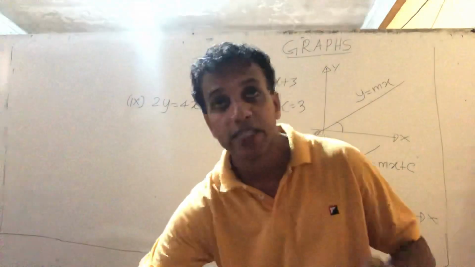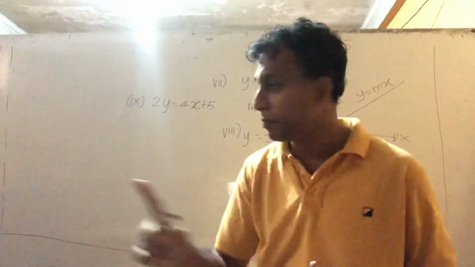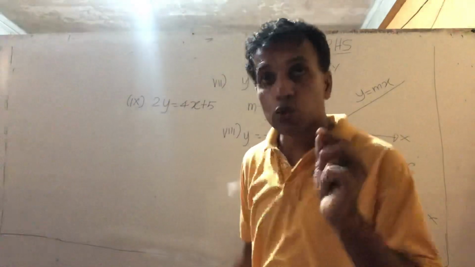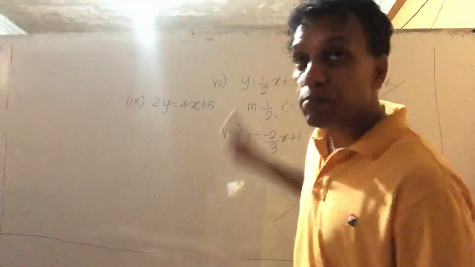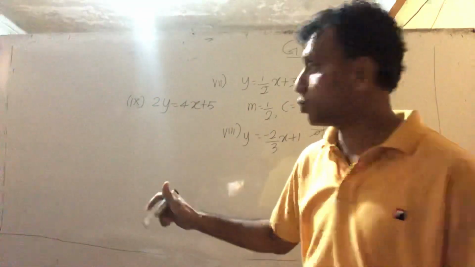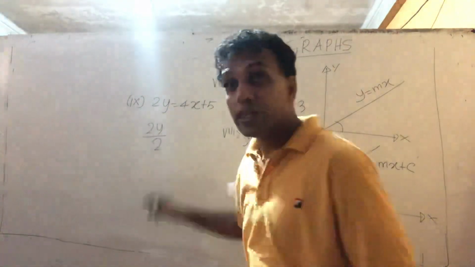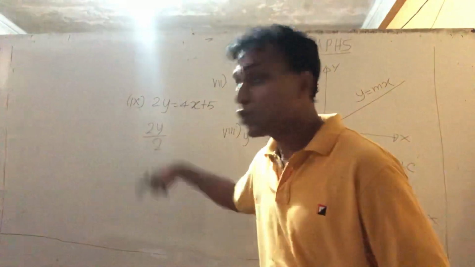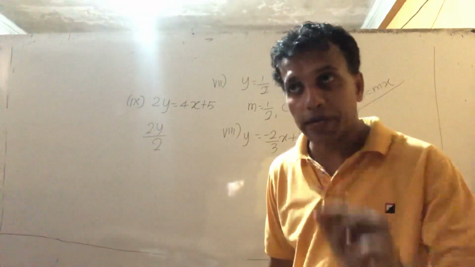Therefore, whatever it is, you need the unity, 1y, make this 1. What is 2y? It means 2 multiplied by y. So you divide by 2, everywhere divide by 2. 2y divided by 2. Why are we dividing? Then this 2 cancels and we get 1y. To remove a multiplication, you divide.